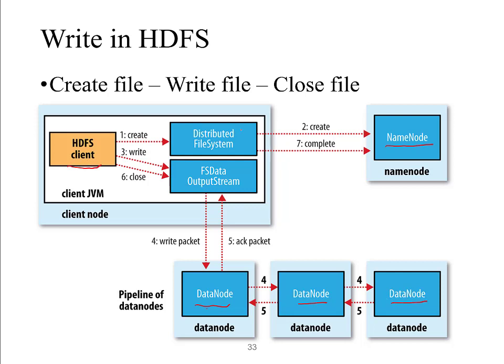Here, the distributed file system and the FS data output stream are 2 instances of Java classes of Hadoop.